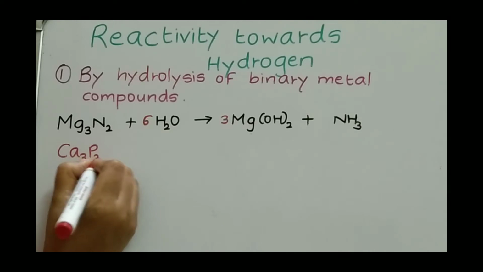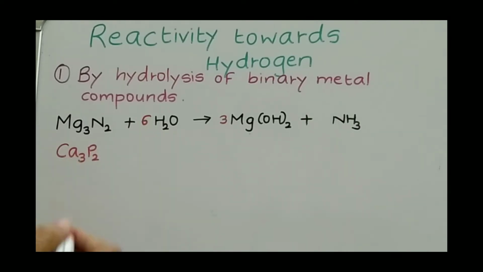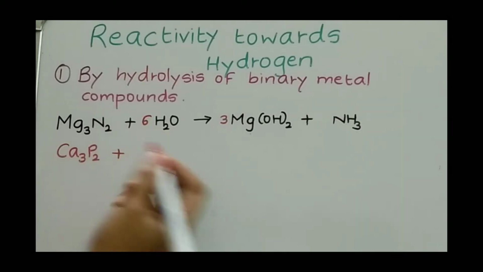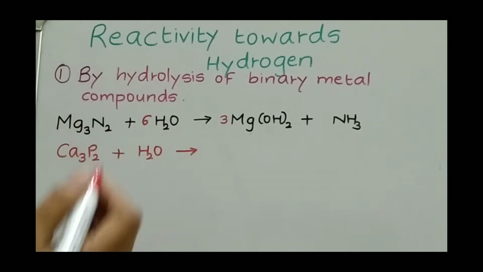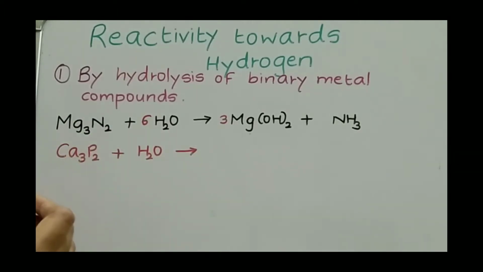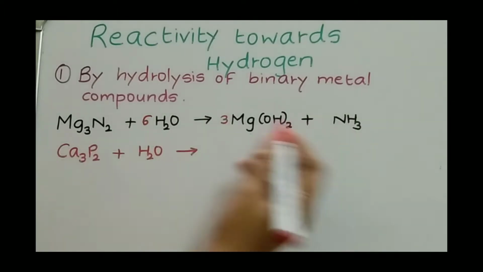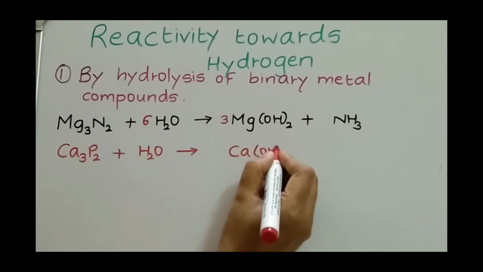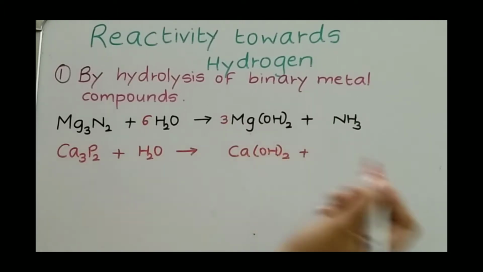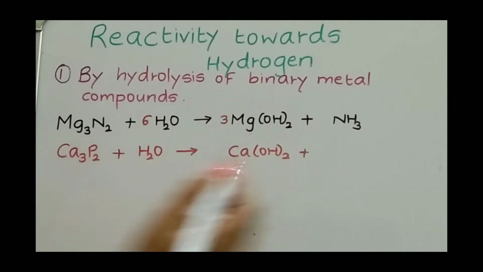Ca3P2, that is calcium phosphide, reacts with water. Again follow the same method, positive, negative. The product is calcium hydroxide. And what is the element of group 15? Phosphorus. So PH3.